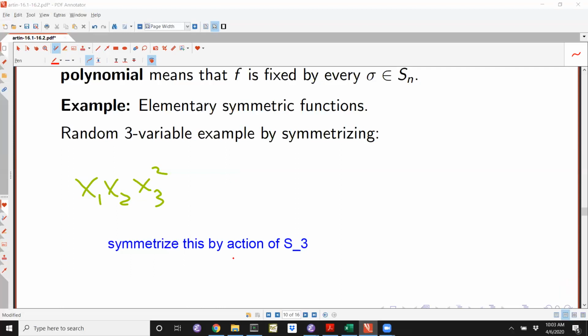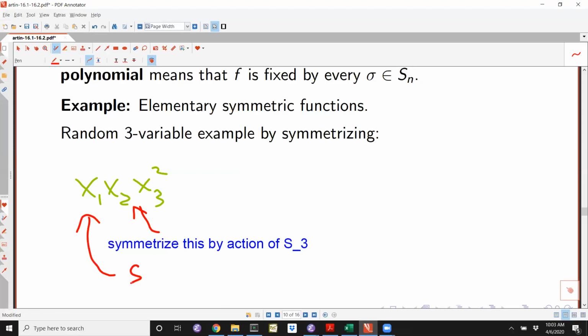All right, so what happens is, well, actually, since y'all did, the thing we're going to symmetrize by the action of S3 is exactly this term here.